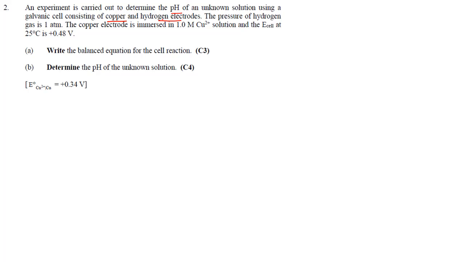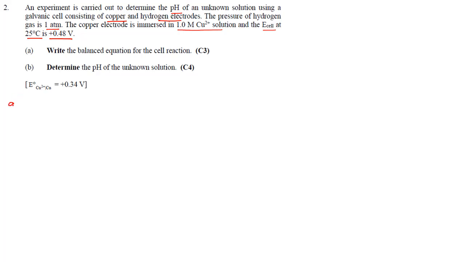The pressure of hydrogen gas is 1 atm and the copper electrode is immersed in 1 molar copper 2 ion Cu2 plus solution, and E cell measured at 25 degrees Celsius is positive 0.48 volt. First they ask us to write a balanced equation for the cell reaction.